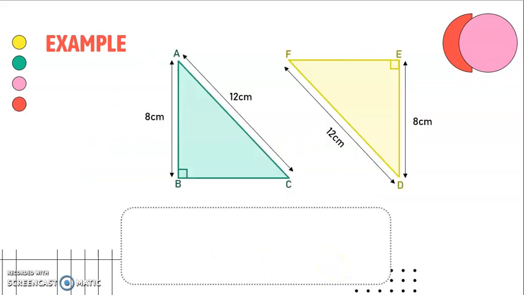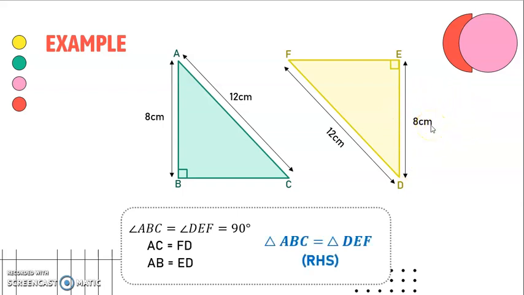So lastly, we have two right angle triangles. So angle ABC and also angle DEF is 90 degrees because it is a right angle triangle. Alright, next, the hypotenuse is also equal, which is 12 centimeters, and the height is also equal, which is 8 centimeters.